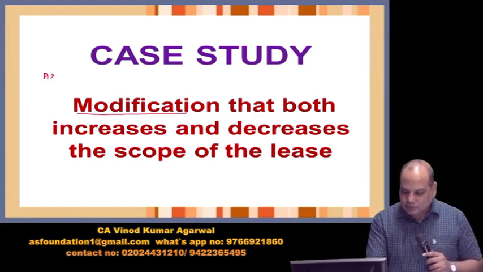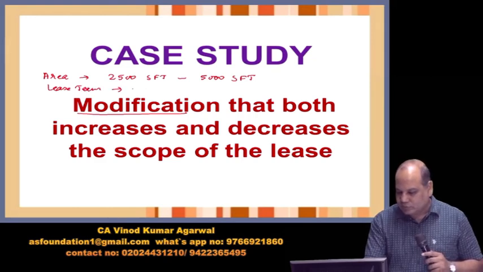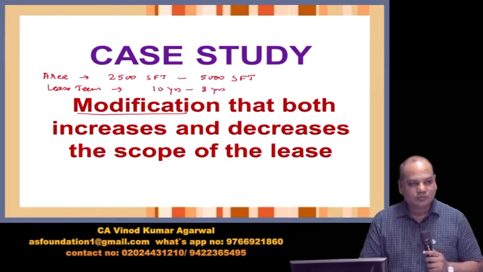How is it possible that both increases and decreases the scope of the lease? For example, the area under the lease may be increased from 2,500 square feet to 5,000 square feet, but the lease term may reduce from 10 years to 8 years.